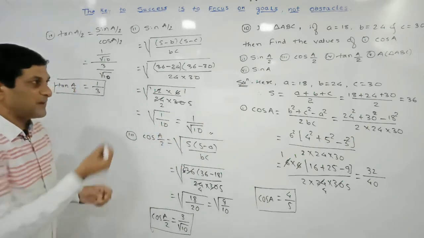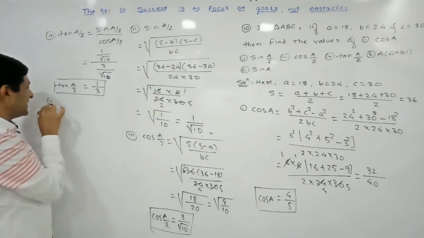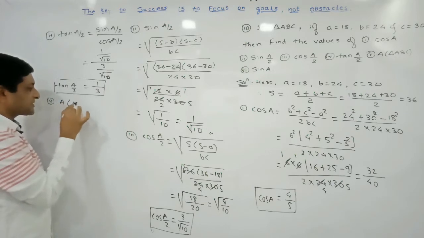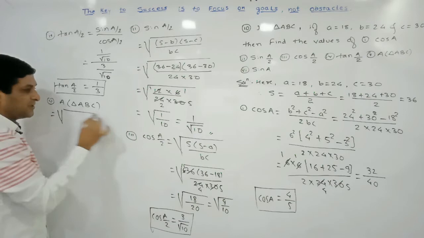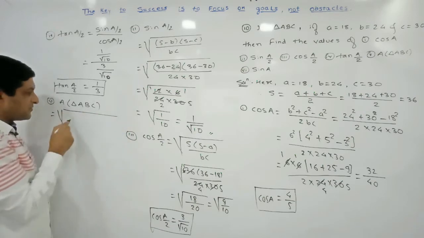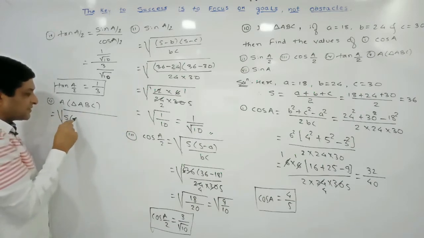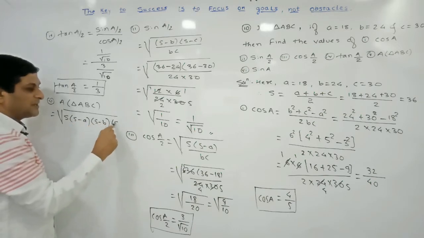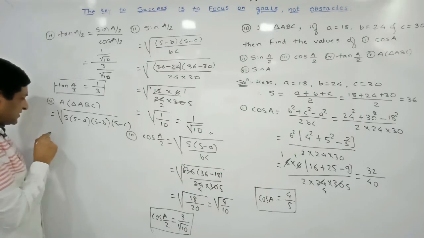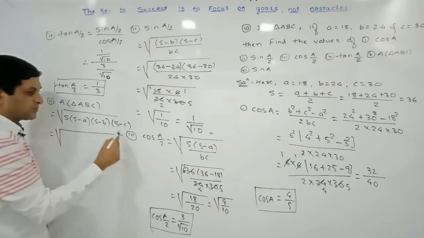Now let us try to find the fifth required value, that is the area of this triangle ABC, according to Heron's formula. What is the formula to find the area of a triangle? Square root of S into (S minus A) into (S minus B) into what? (S minus C). The remaining part is just to substitute the values.